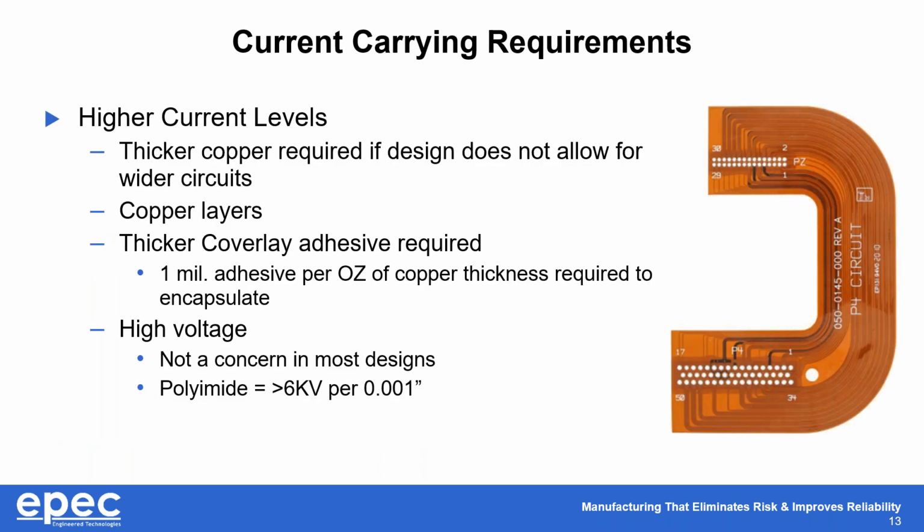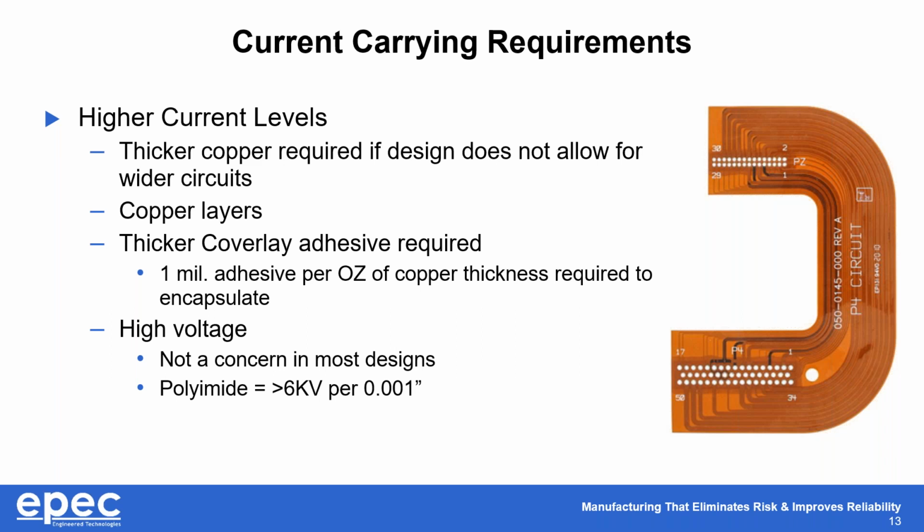Our next topic is the current carrying requirements. Higher current carrying requirements, almost without exception, require thicker copper, specifically if the design does not allow you to route wider traces. Utilizing thinner copper with wider circuits is the preferred solution, but in many cases you don't have enough real estate to accomplish that, which means you have to go to thicker copper.